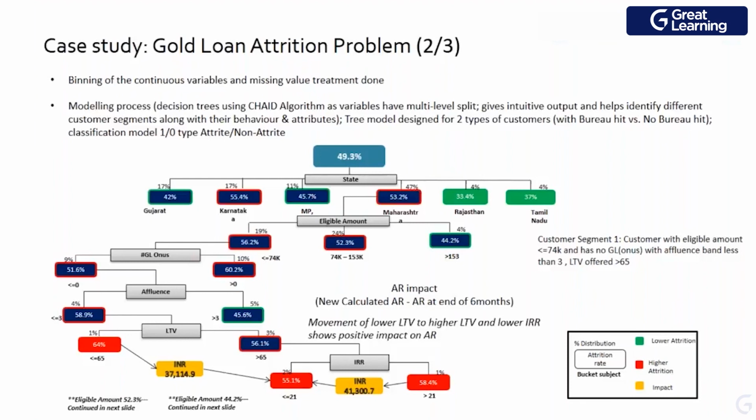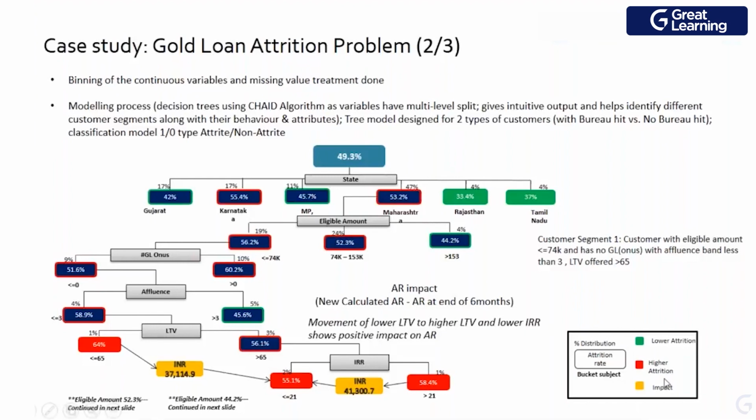I'll spend some time on understanding how to read this tree. So this 49.3% is for bureau hit. Typically in your data, you have about 50% bureau hit customers. And then the first important variable is state. Wherever you see the red marks, Maharashtra and Karnataka, they generally have the higher attrition.